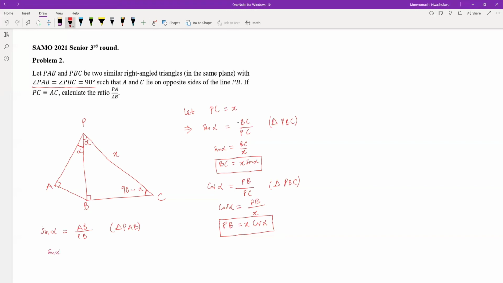So I have sine alpha is equal to AB over X cosine alpha. And so we have that AB is equal to X sine alpha cosine alpha. Okay.